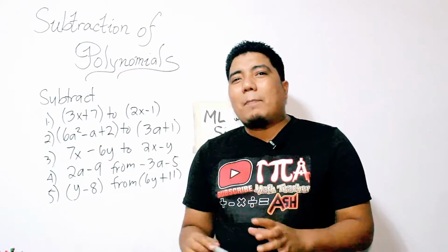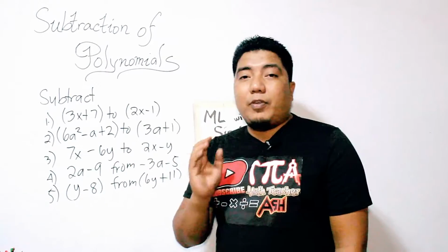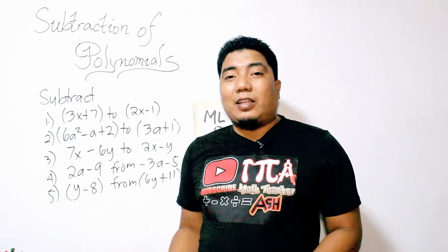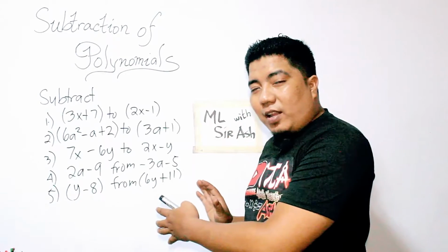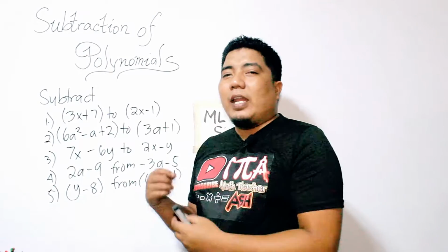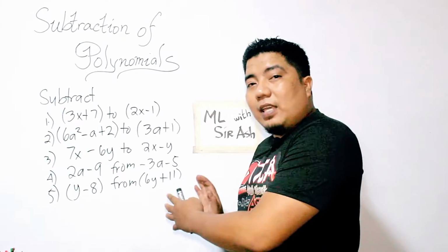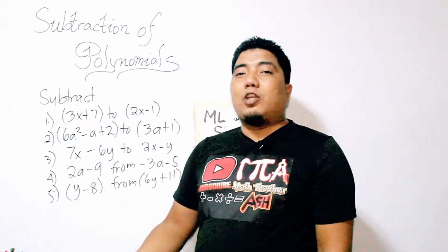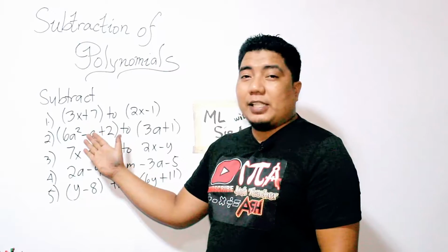Now, remember that to and from is different with each other. If you encounter the prefix to in subtraction, you just identify the first given as minuend and the second given as subtrahend. Now, if you encounter the from, then the second given will be your minuend and your first given will be your subtrahend.